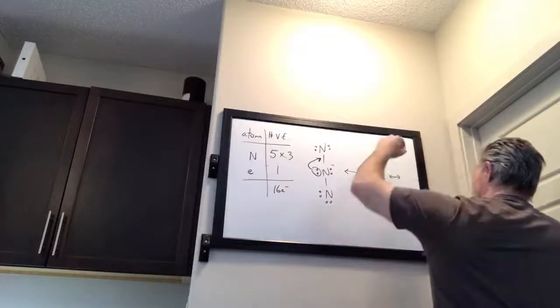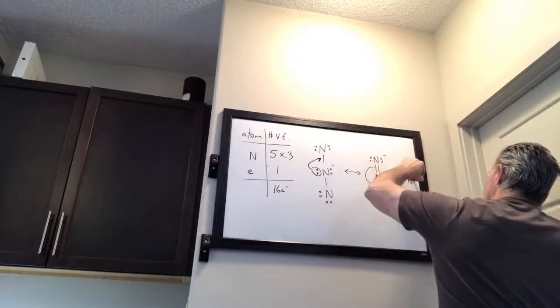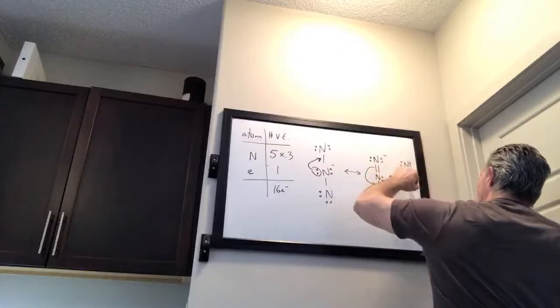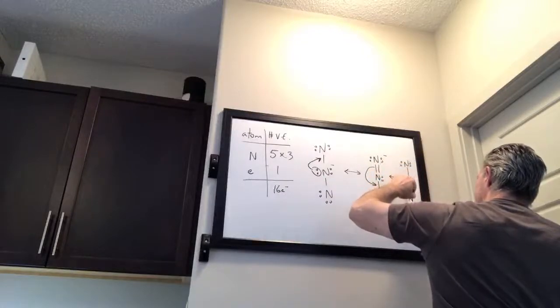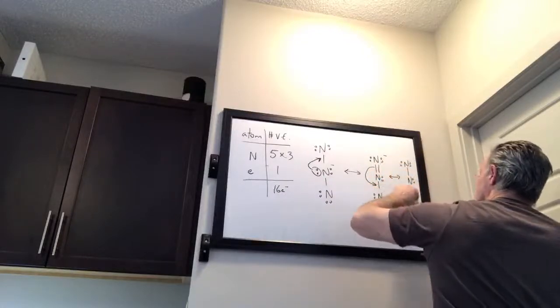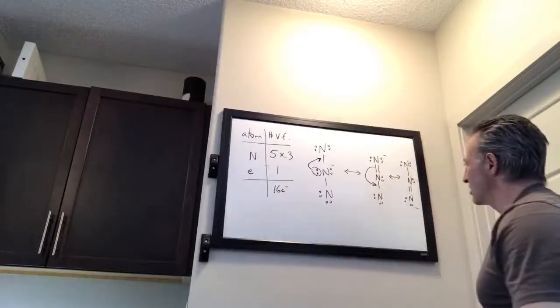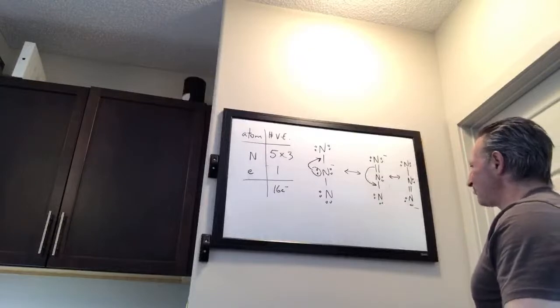And then you would have that instead. So those are all possible Lewis structures.